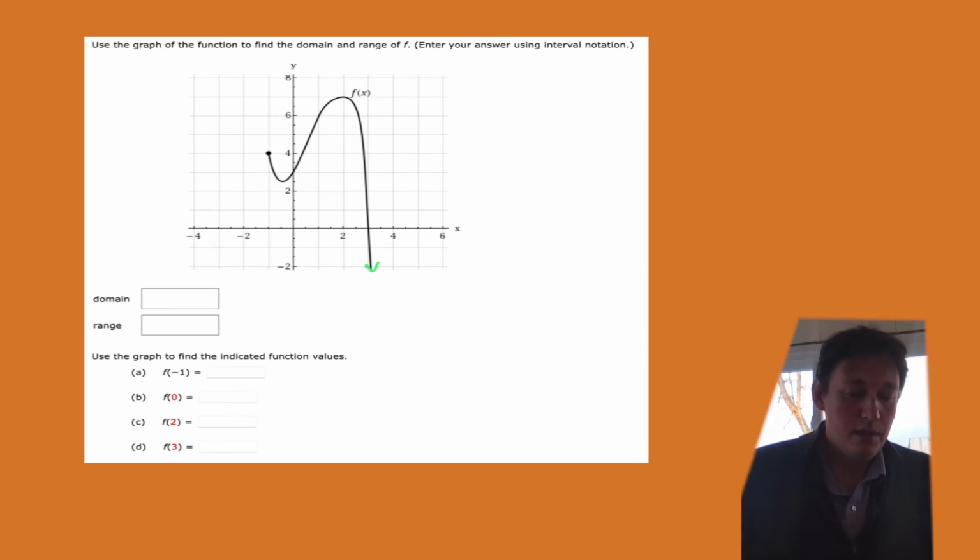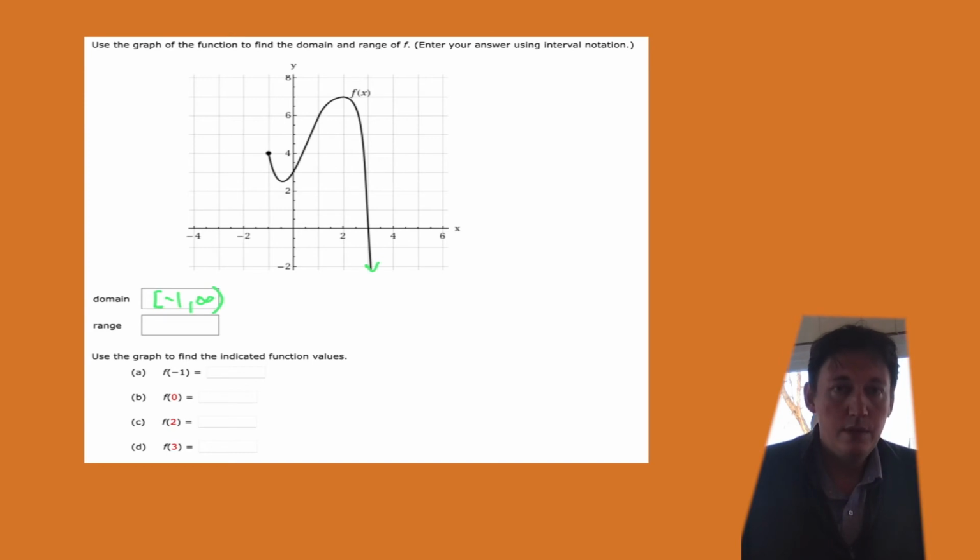If it's filled in, it means that we have to have a square bracket from -1. And now, what is the largest x value this could be? Well, it seems like it's going on until infinity. Therefore, infinity would be the upper end of the domain.